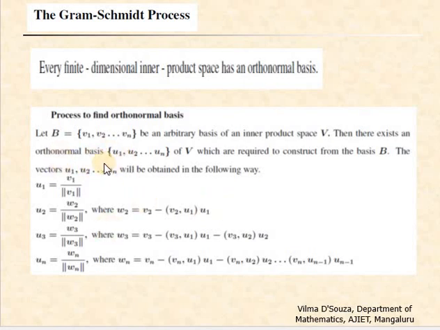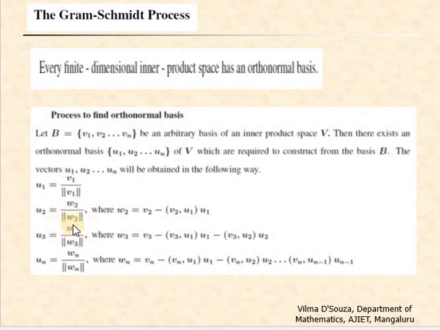The vectors in the orthonormal basis are obtained by this process. U1 is found by using the formula U1 is equal to V1 by the length of V1, and U2 is equal to W2 by the length of W2.